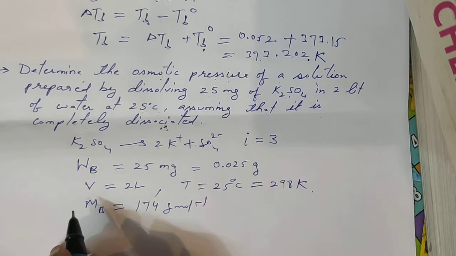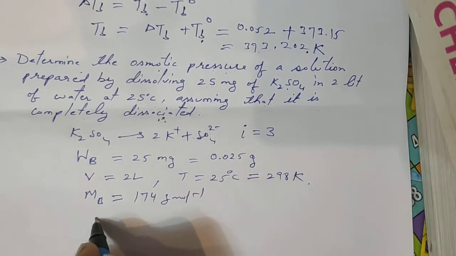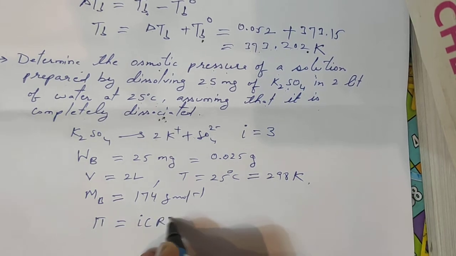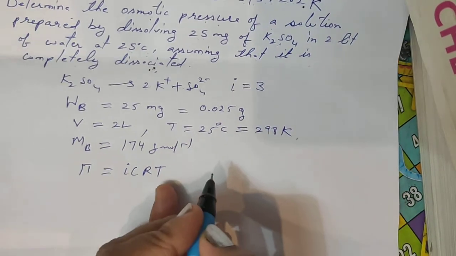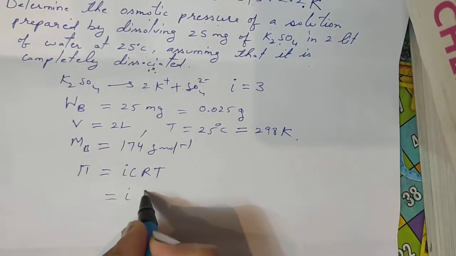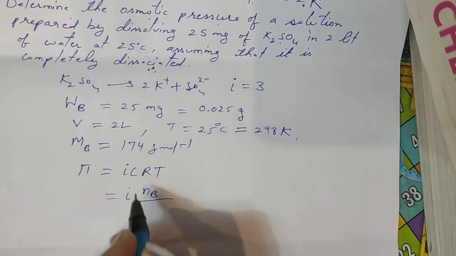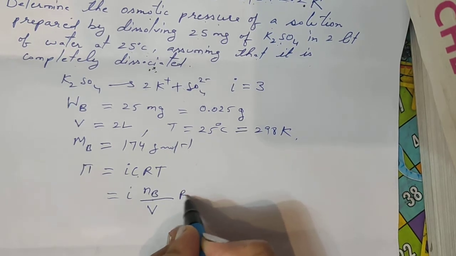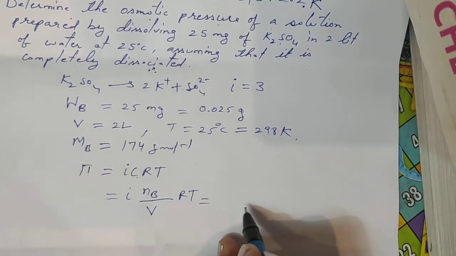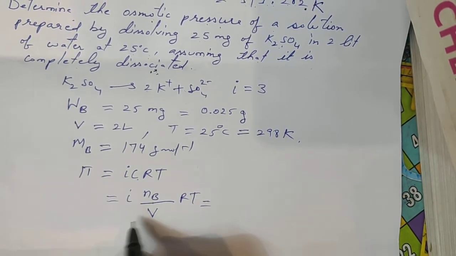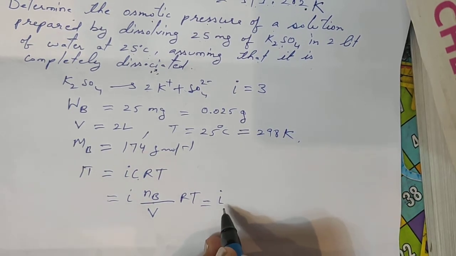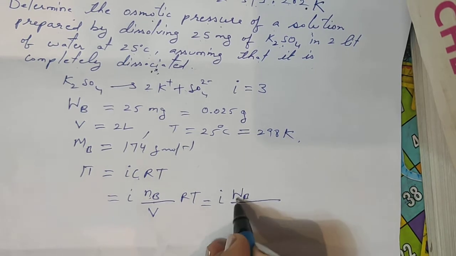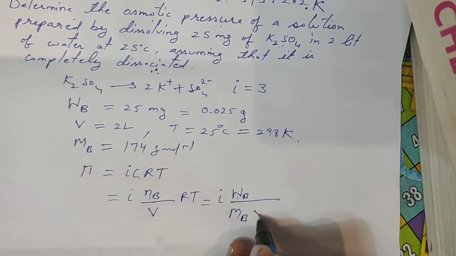Okay, now we have to put the formula. Osmotic pressure pi is equal to iCRT, Van 't Hoff factor into CRT. Now C is nB upon V, the concentration, number of moles upon volume. So firstly properly expand this formula. nB, number of moles of solute, it means Wb upon Mb.